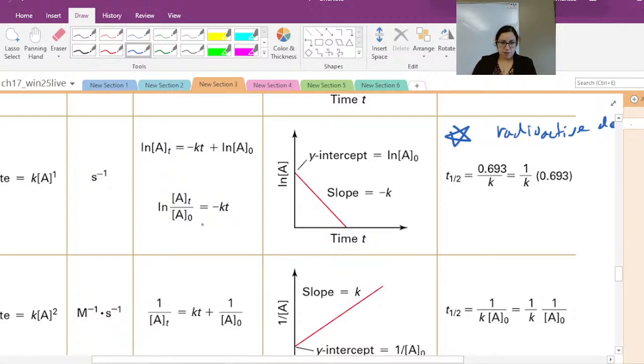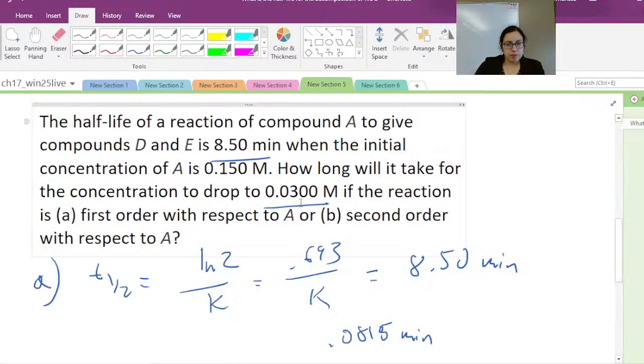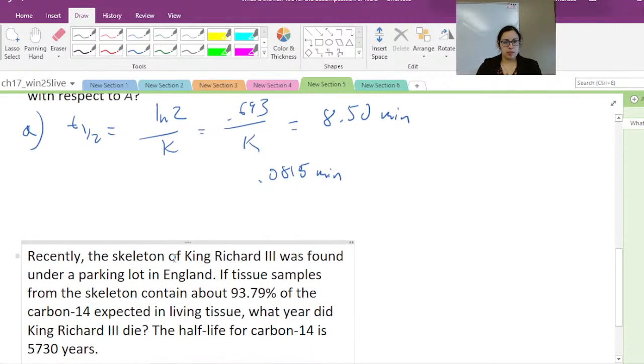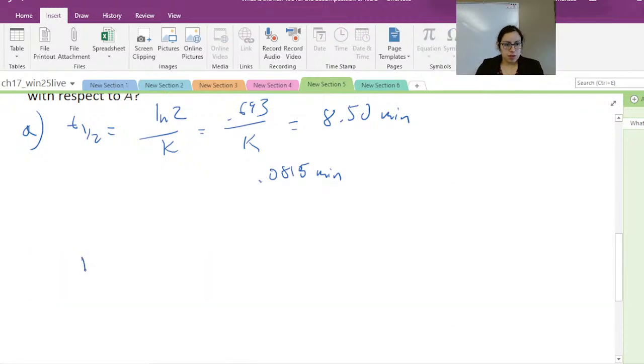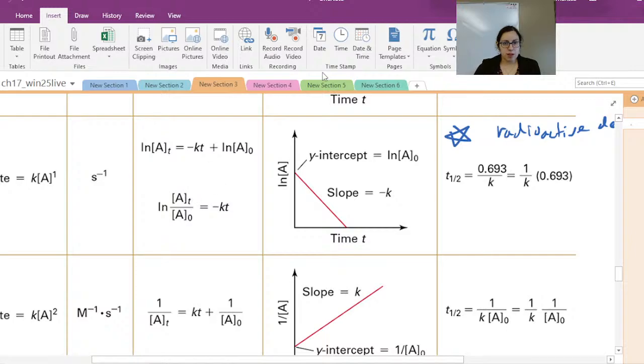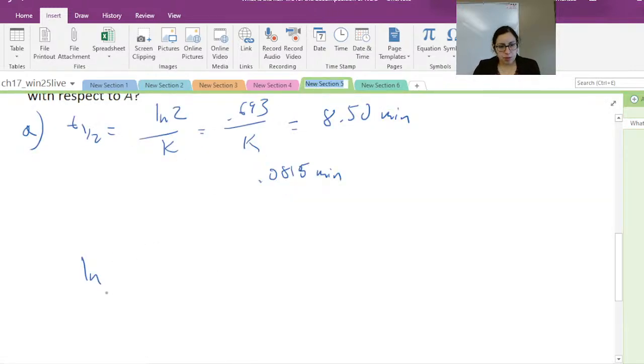So let's plug it in though. I'll just plug it in with the numbers. Natural log, again, going back to our formula at a certain point in time. So ln of 0.03 over 0.15 is equal to negative 0.0815 times t.